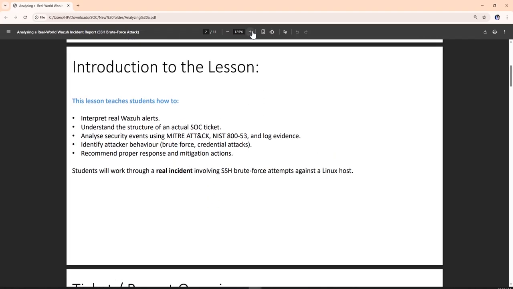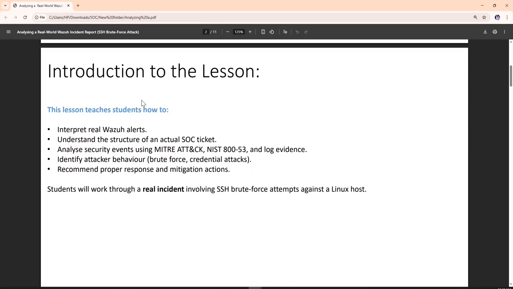This lesson teaches students how to interpret real Wazuh alerts, understand the structure of an actual SOC ticket or report, analyze security events using the MITRE ATT&CK framework, NIST 800-53, and log evidence, identify attacker behavior, for example brute force or credential attacks, and recommend proper response and mitigation actions.